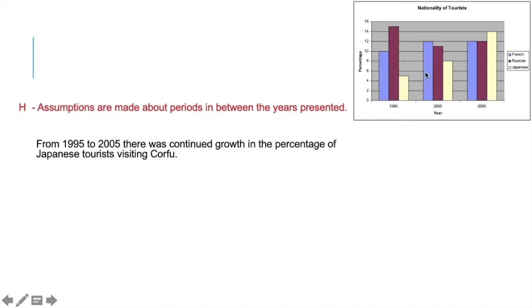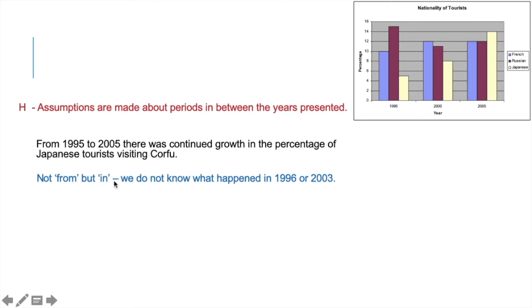Well, we see growth here, and it's possible that there was continued growth. However, we don't know what happened in this part. In 1998, maybe there was a drop before there was an increase, so we cannot assume that the growth was continued. So be careful. Better when you have bar charts like this, not from and to, but in.